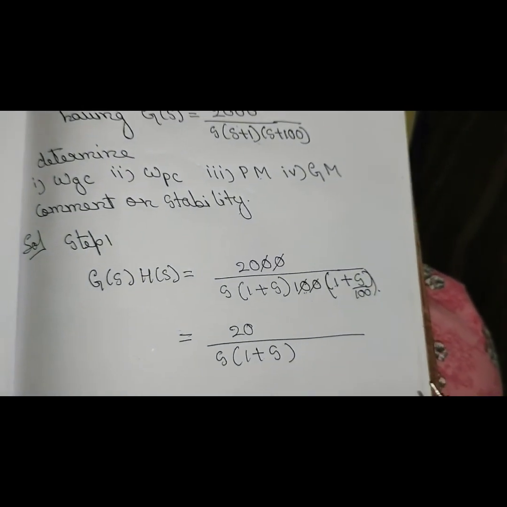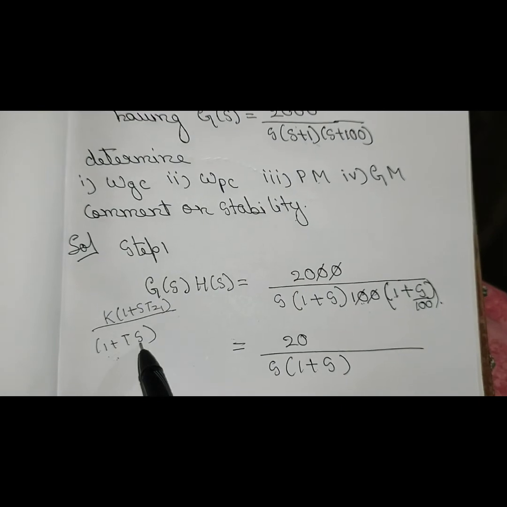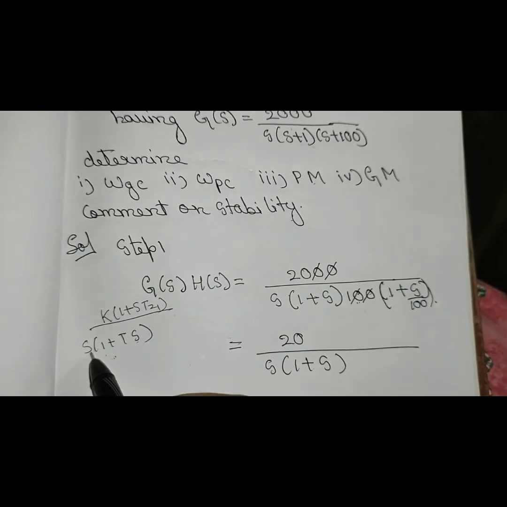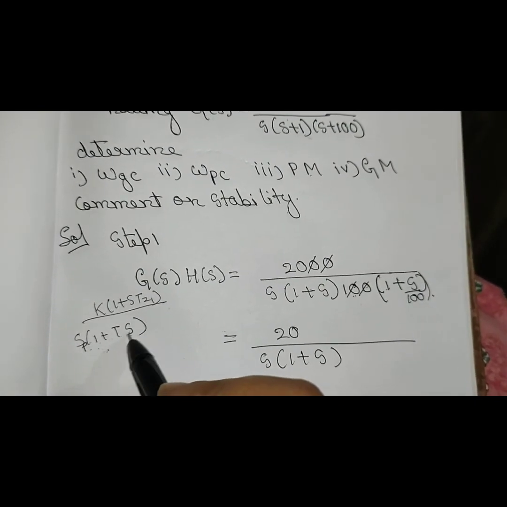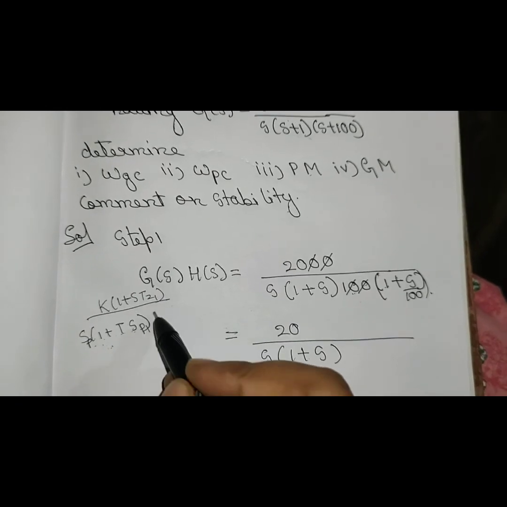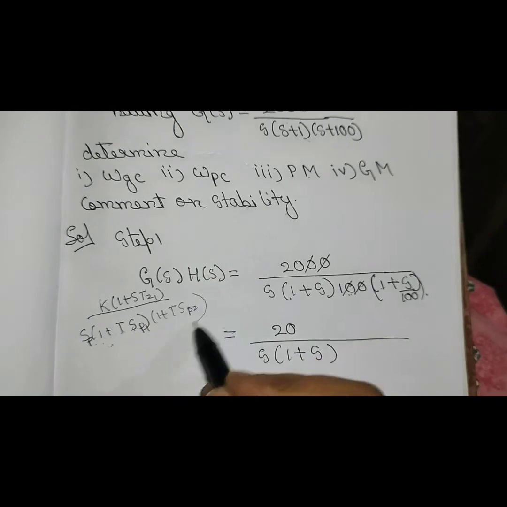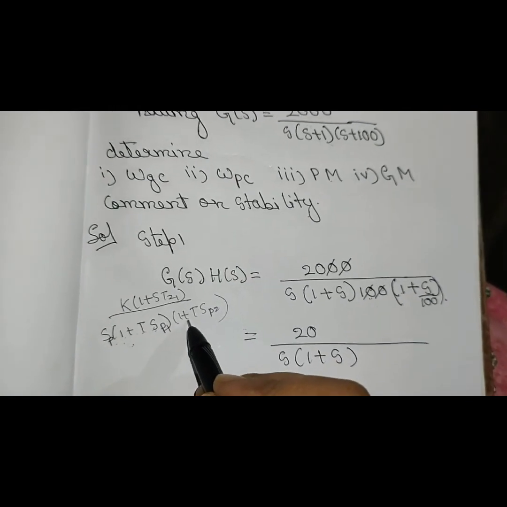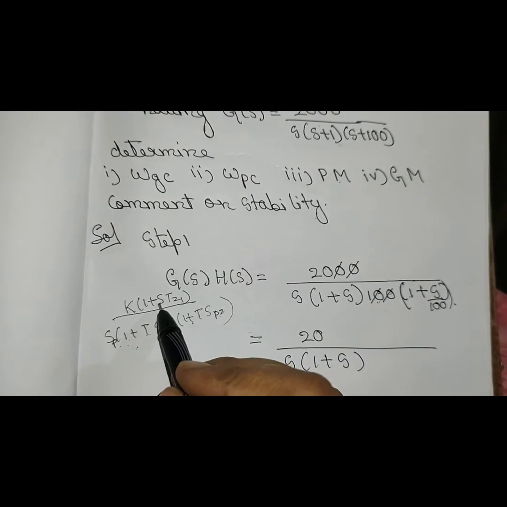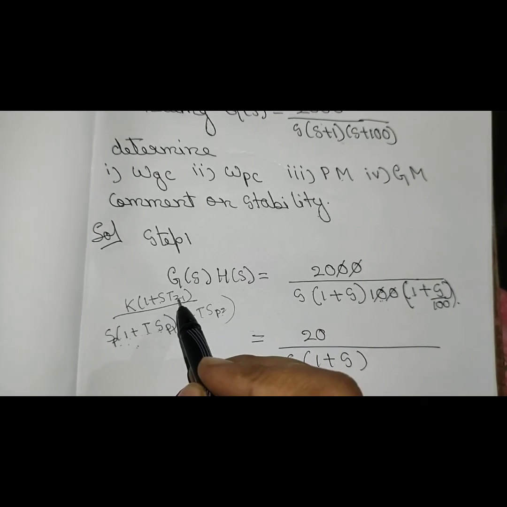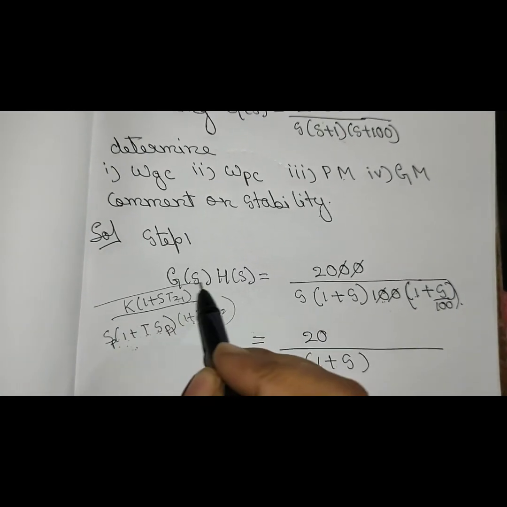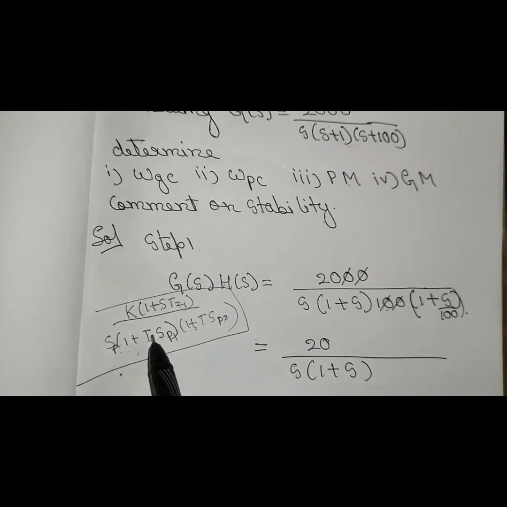It should be in terms of like this: 1 plus sT1, 1 plus sT2. So in the denominator we indicate poles, and in the numerator we indicate zeros. So it is the standard form. It should be in the form of like this.